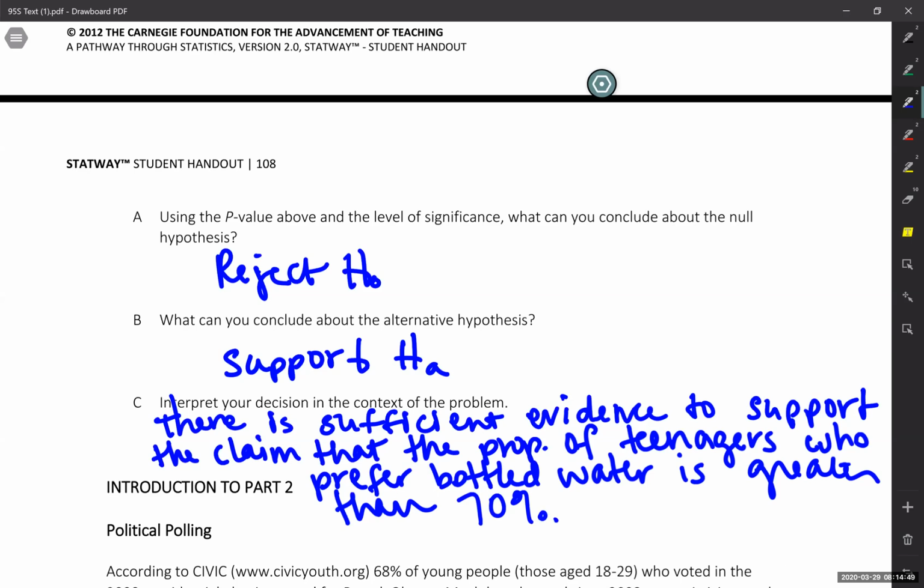You could put 0.7. Yeah, that sounds good.